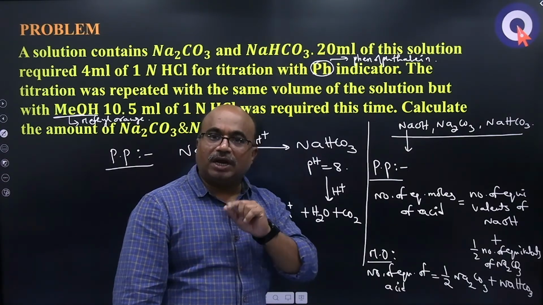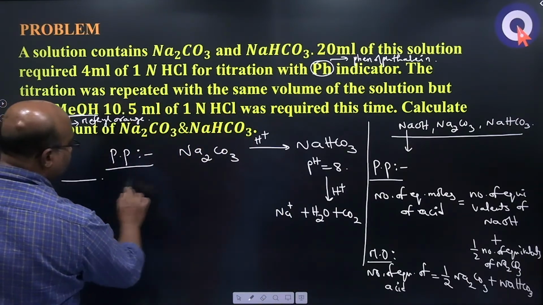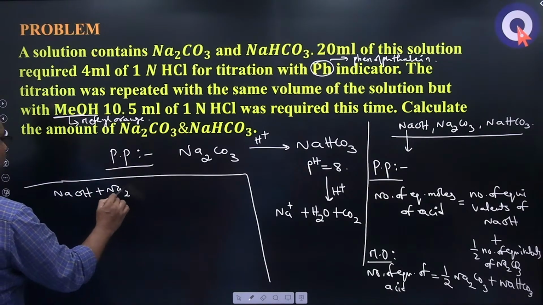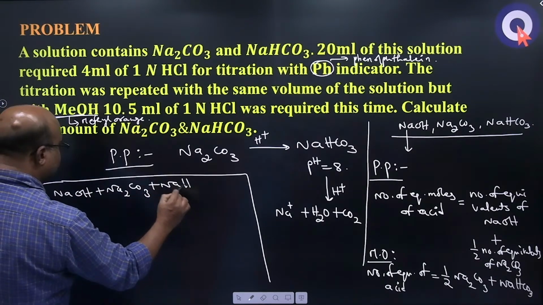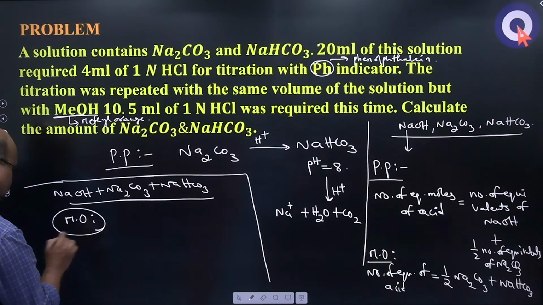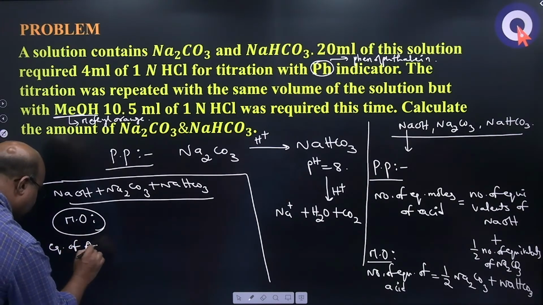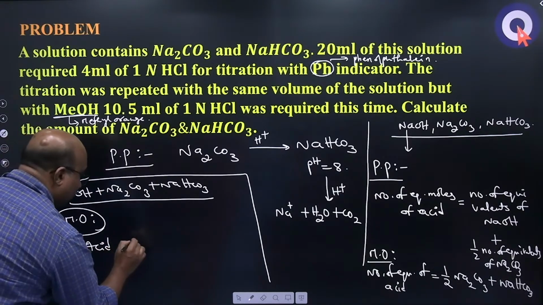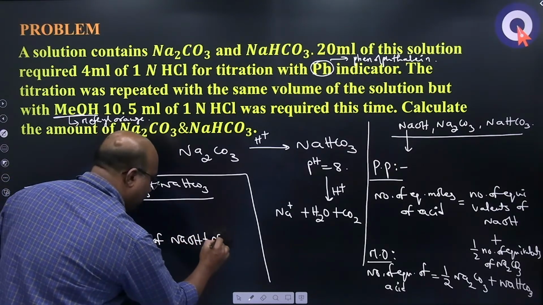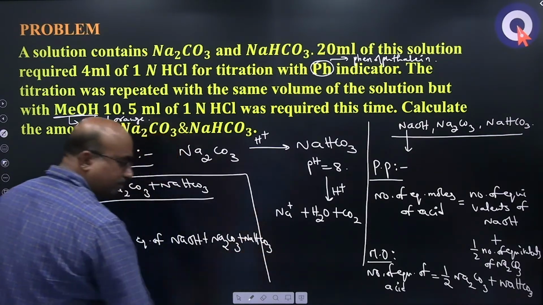But if we add methyl orange directly to the mixture of NaOH plus Na2CO3 plus NaHCO3, then the equivalents of acid should be equal to the equivalents of NaOH, Na2CO3 plus NaHCO3, because all get consumed.